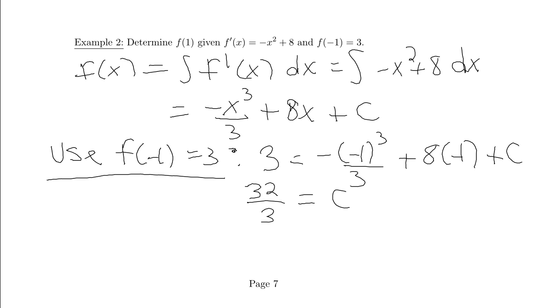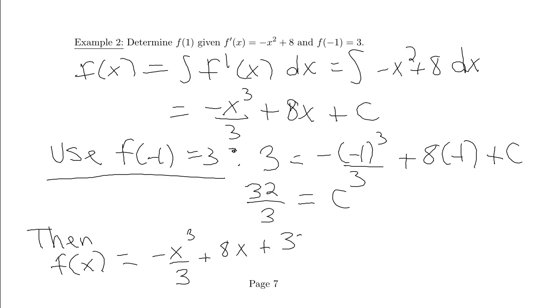So then, what can I say? Well, I know that my f of x function is going to equal negative x to the power of 3 over 3 plus 8x. And my c I now know is 32 over 3. So I've solved for my specific c.